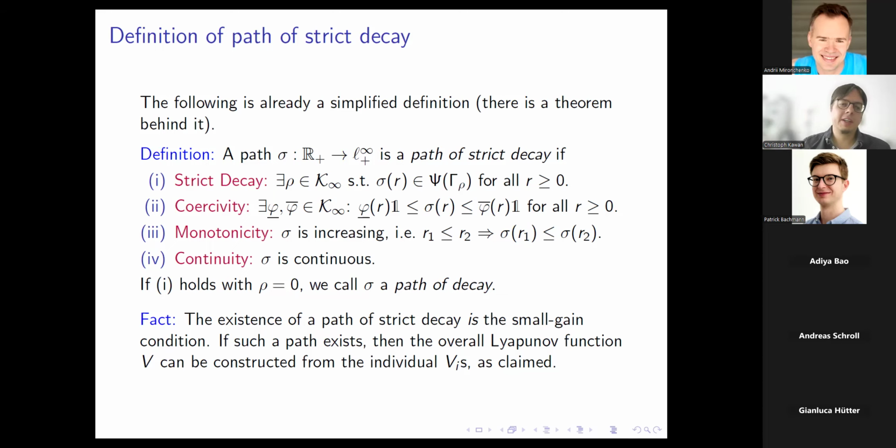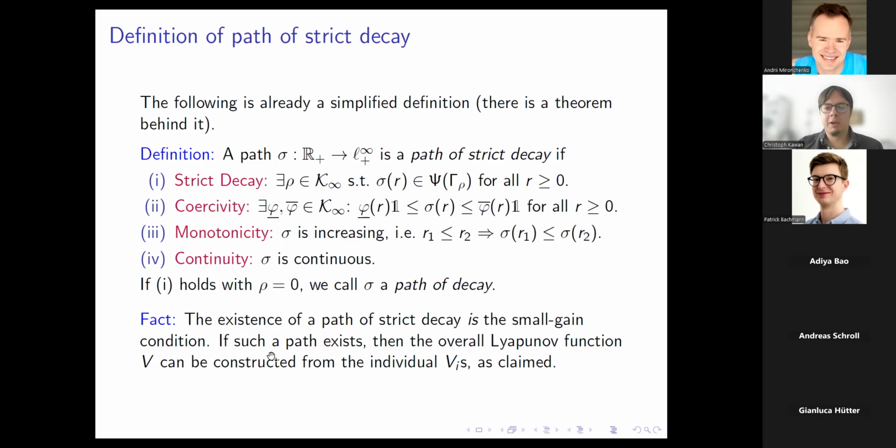So I could actually stop here and say that's a small gain condition. We have a small gain theorem. But of course, this definition, well, how do you find such a path? That's a big question. How can you know that such a path exists? You have to come up with some definition of that path, and you have to verify all of these properties.